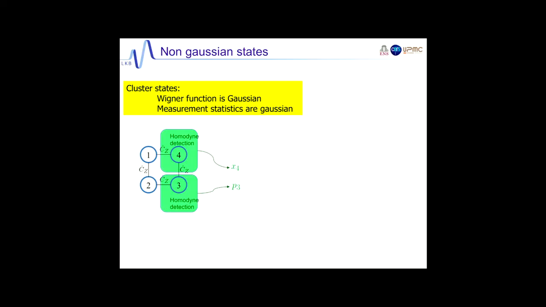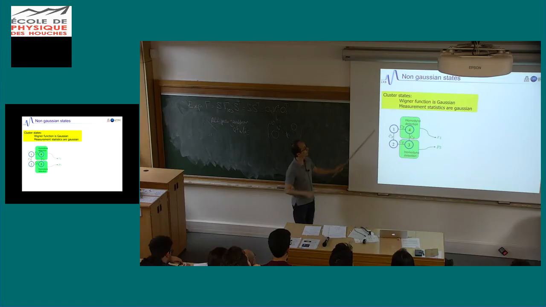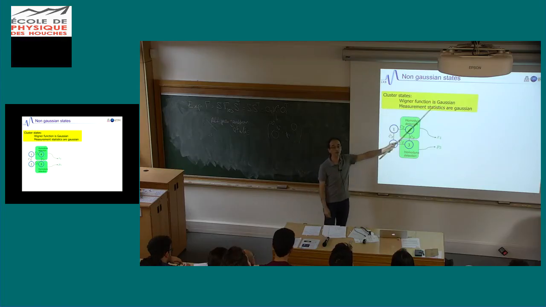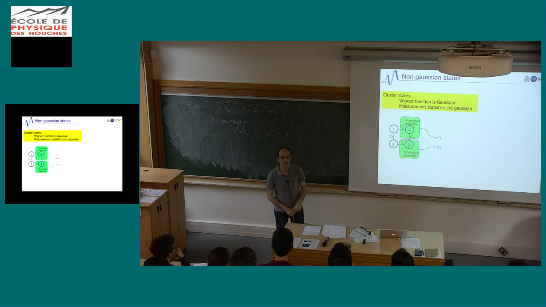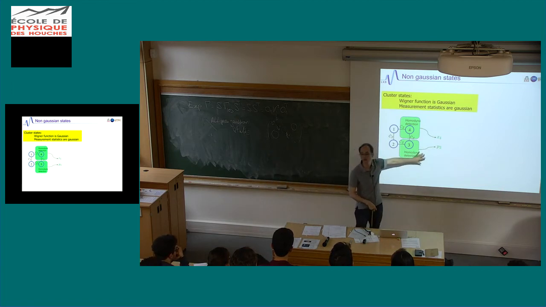Well, as I told you, in these cluster states, my Wigner function is Gaussian. So the measurement statistics I will do are all Gaussian. Unfortunately, it can be shown that Gaussian statistics can always be efficiently simulated with a classical computer. So in fact, there's no way you can do interesting quantum computing with that.